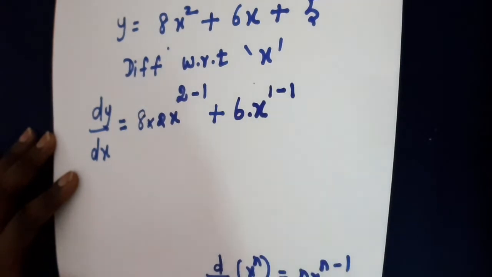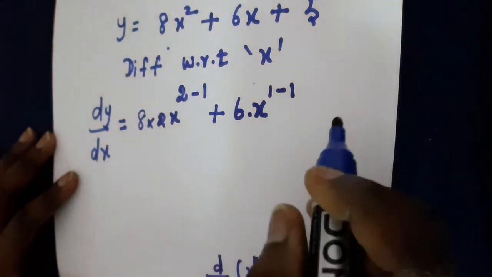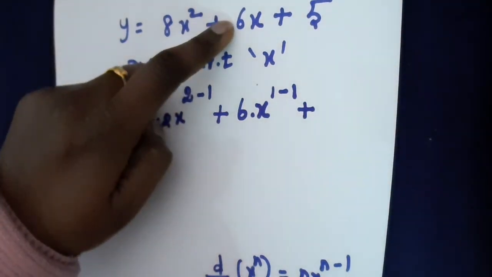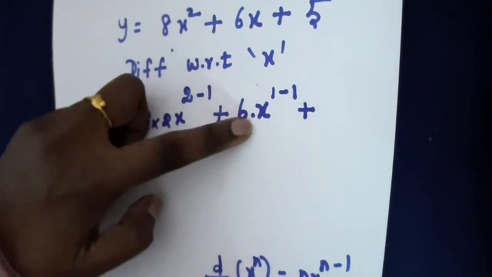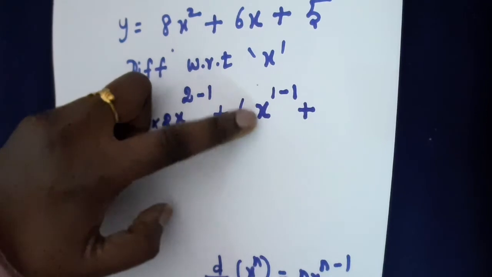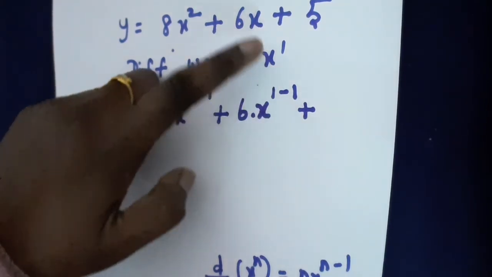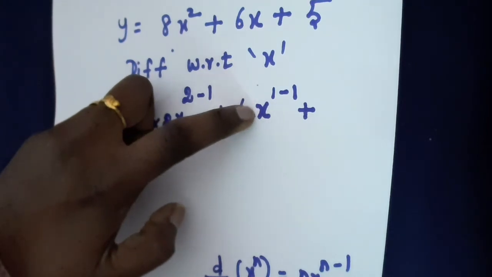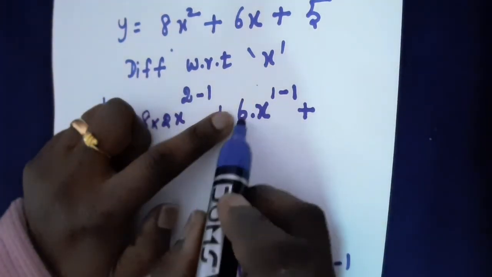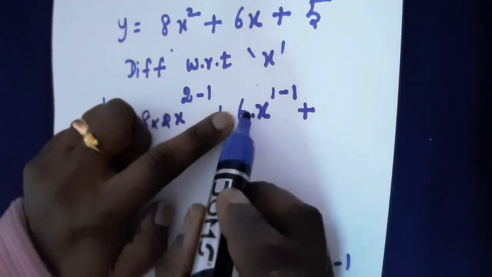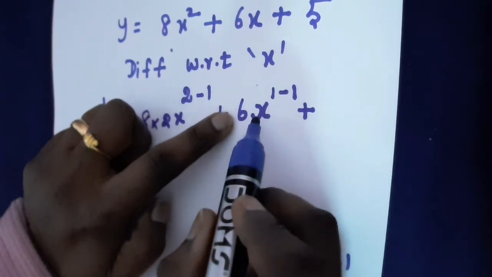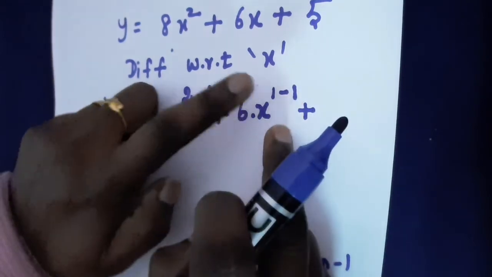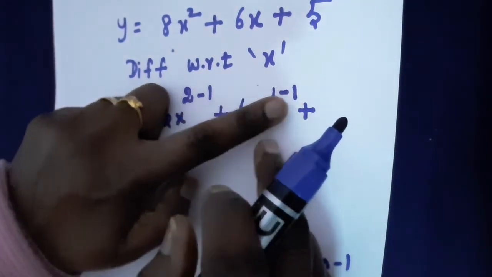So 1 minus 1. Okay, plus, I have differentiated 6x now. 6 is a constant, keep it as it is. Apply the rule, x to the power n minus 1. What is the power of x here? 1. Okay, so 6 into 1. Here basically you can write 6 into 1x. 1x is nothing but x only, no? Understood, students? x to the power n, n is 1, 1 minus 1.